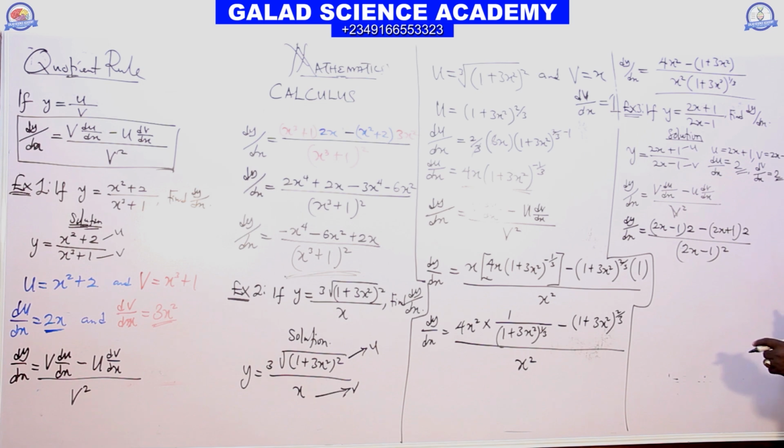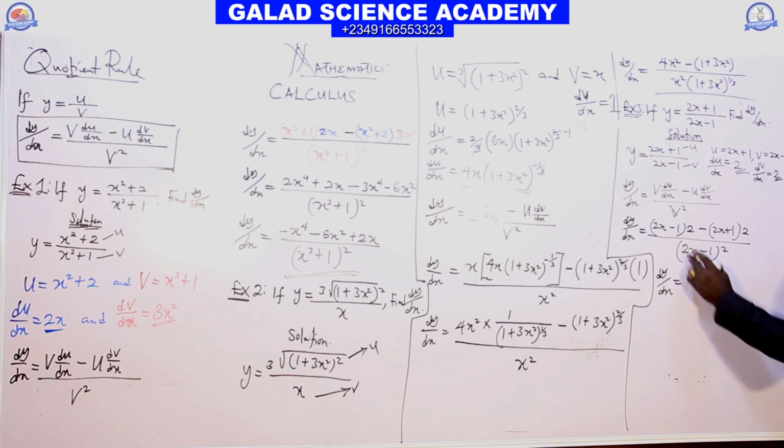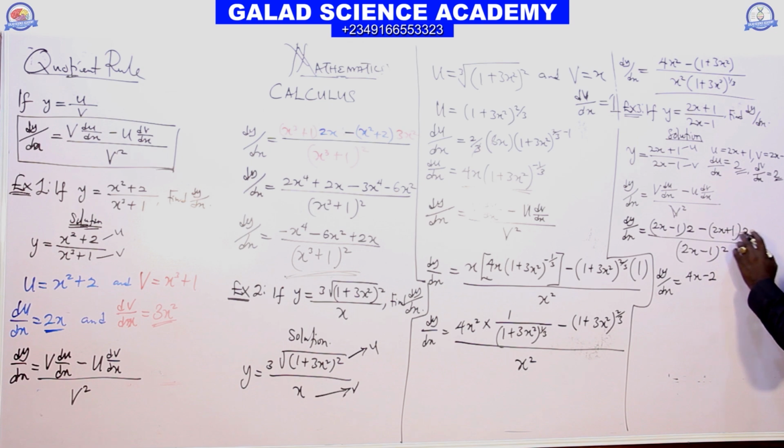The next thing that we do now is expand. This 2 times this is 4x minus 2, minus 2 minus 4x, minus 2.